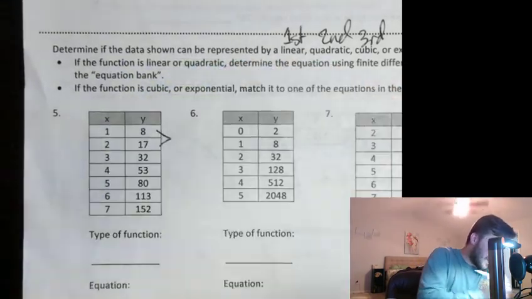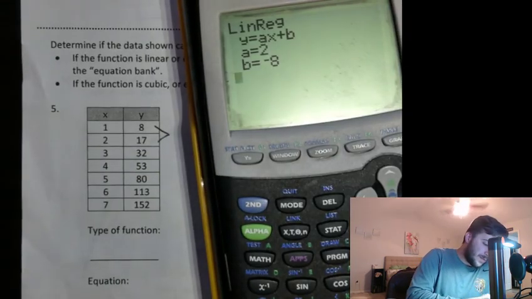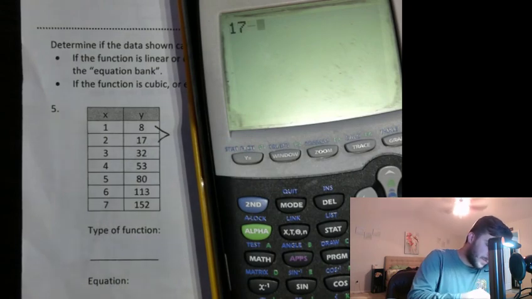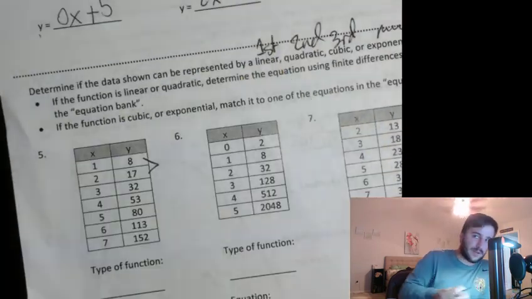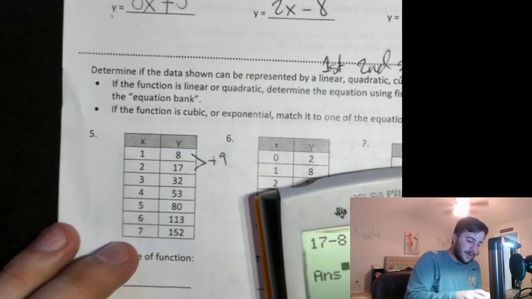Look at those first differences. Okay, remember, if you're trying to find those differences between things, take one of these here, so 17, and we'll subtract the one right before it, so it'll be 8. 17 minus 8 is 9, so plus 9. Okay, I'm going to keep doing that on my calculator here.